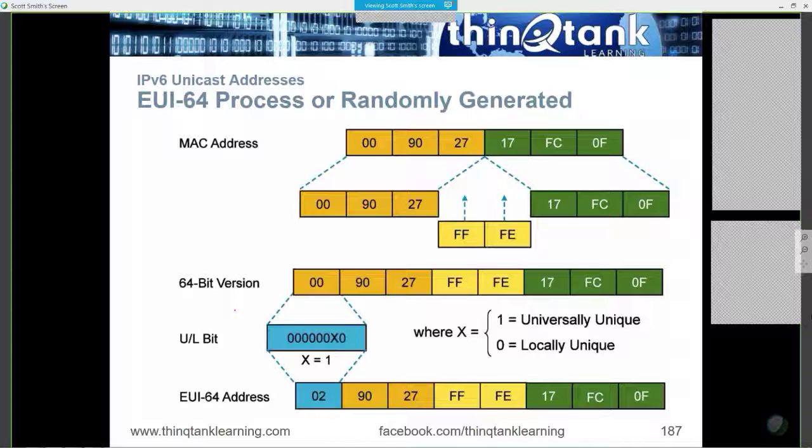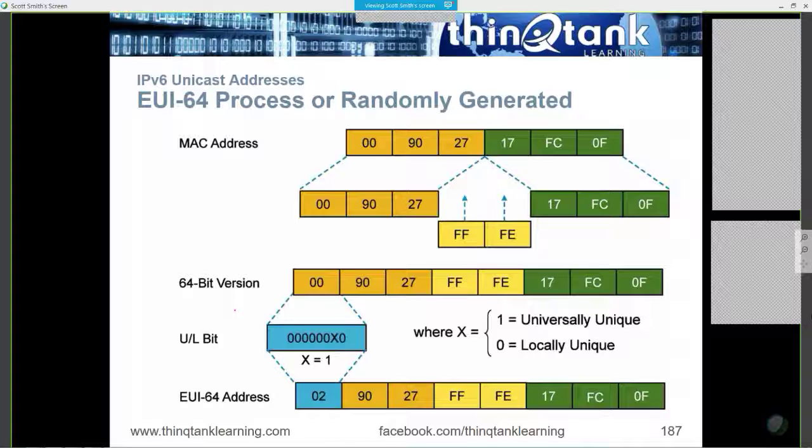And then the last thing you do is you invert the 7th bit. So in the MAC address, that 7th bit is always going to be a 0, isn't it? Because that's the UL bit, the unique or locally defined bit. Remember those 2 bits that were reserved in the MAC address? The IG bit and the UL bit.